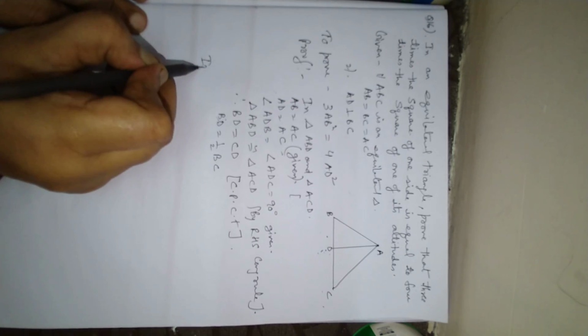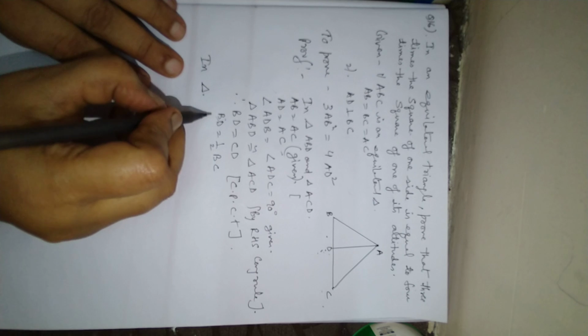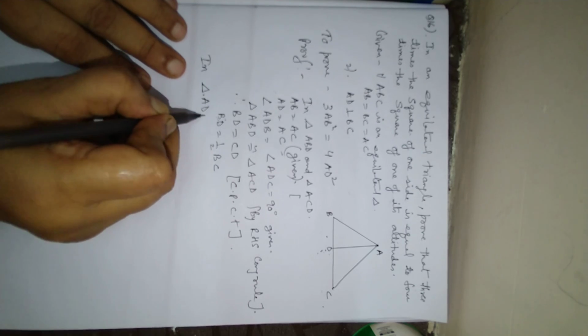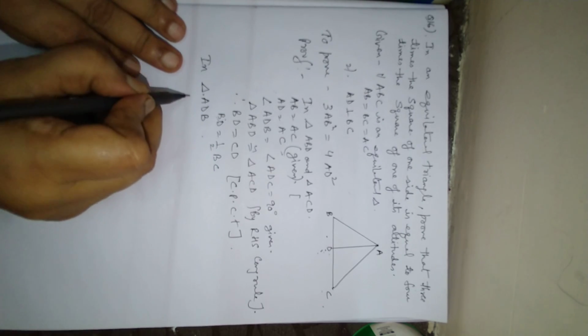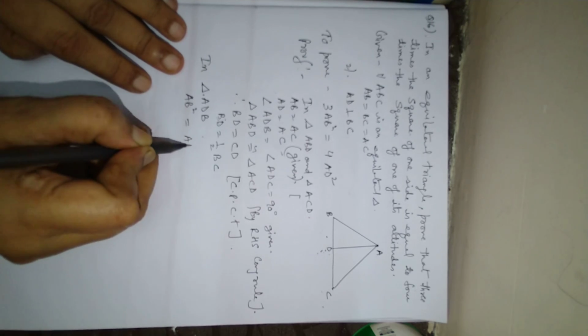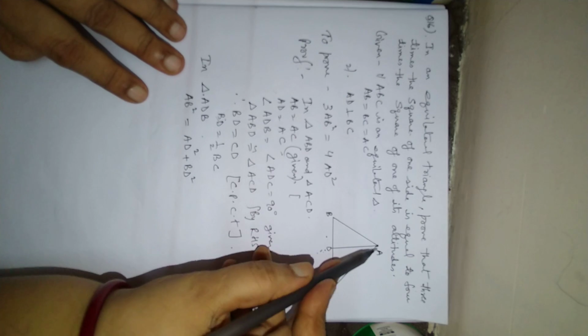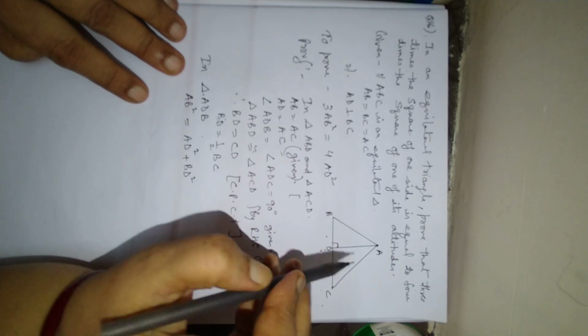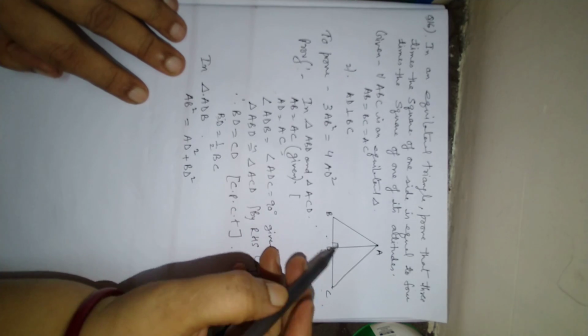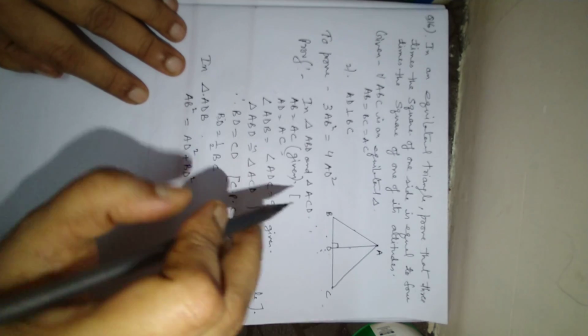Now, in triangle ABD or ADB, now ABD, it is a right angle triangle. So by Pythagoras theorem, AB square, that is equals to AD square plus BD square.